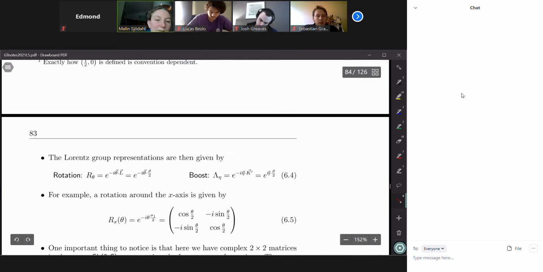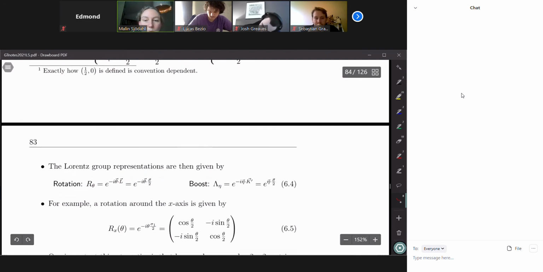So recall that the rotations are then e to minus i theta, with the three parameters hiding in theta, dot L, and our generator in this case was sigma over 2. So in this representation, our rotation is given by this expression.